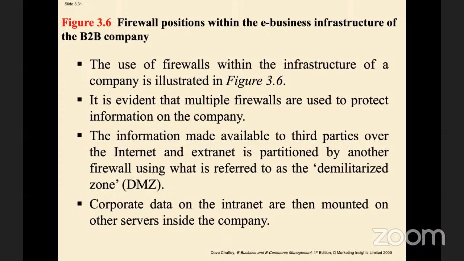Number three, the information made available to third parties over the internet and extranet is partitioned by another firewall using what is referred to as a demilitarized zone. Then finally, corporate data on the intranet are then mounted on other servers, including the other servers inside the company.